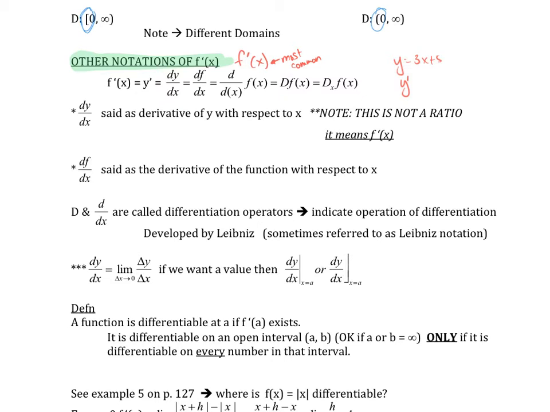With a little asterisk there, because sometimes we can separate the dy and the dx, and that's called separation of variables, which we'll get into in second semester. So over here we have df over dx, and that's the derivative of the function with respect to x. All of these differential operators indicate some sort of differentiation, and they were developed by Leibniz. And so we often call this Leibniz notation. So you'll hear me sometimes say Leibniz notation.